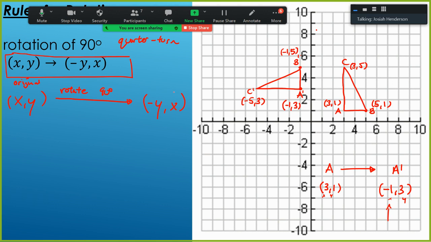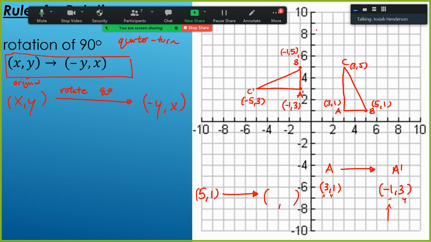And really quick before we move on, let's check another one of the points from our diagram. Let's check point B. B is starting at 5, 1. So I'm going to do this below. Let's use the rule from the left side, and then we'll check the picture above and see if that actually makes sense.